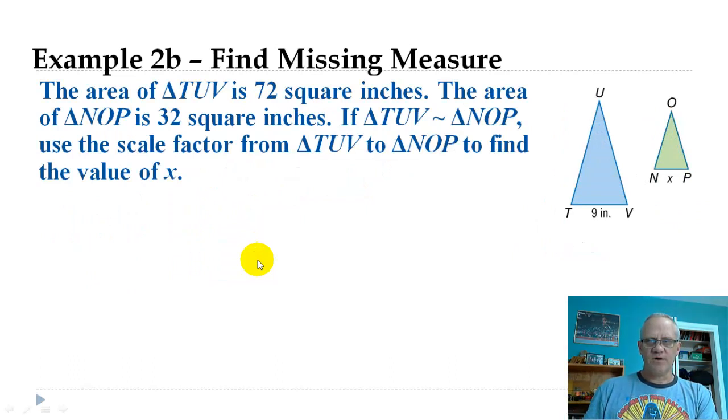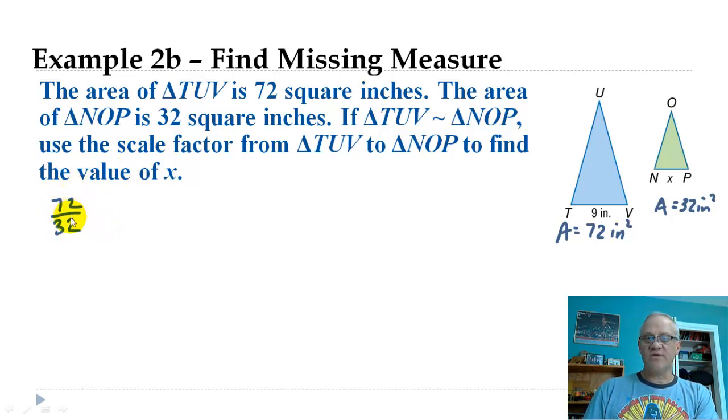So again, we know the areas to start out with. So let's write those in here. Area for TUV is 72. And then the area of NOP is 32. Okay, so let's set up that ratio. So we're going to go 72 to 32.